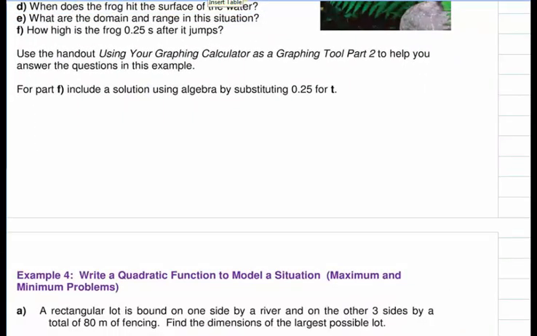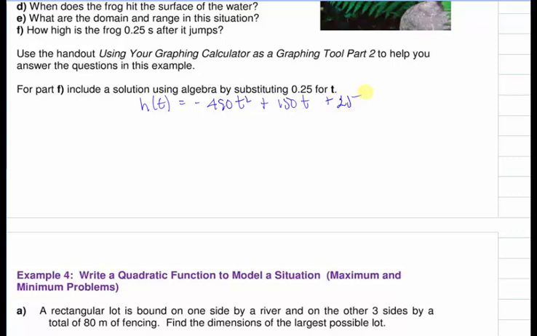Okay, and we're going to answer that question right here. Okay, so our function is h of t is equal to negative 490t squared plus 150t plus 25.